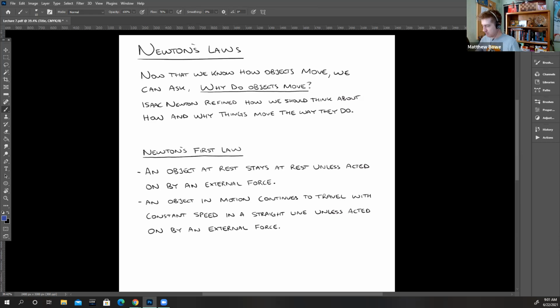He also noted that an object in motion continues to travel with a constant speed in a straight line unless acted on by an external force. This is often called Newton's first law, or I could just say the law of inertia.